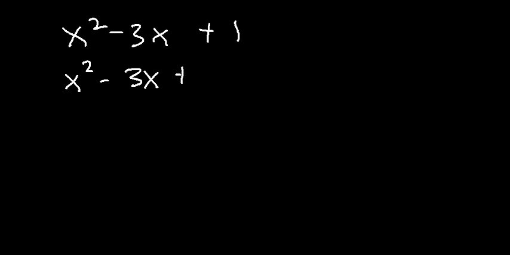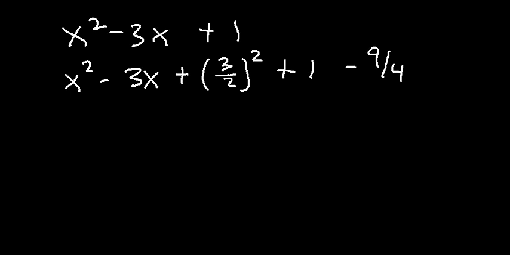Alright, let's try this example. X squared minus 3x plus 1. So we have x squared minus 3x. Half of 3 is 3 over 2. And we got to square it. So plus 1. Now 3 over 2 squared. 3 squared is 9. 2 squared is 4. Since we added 9 fourths, we have to take away 9 fourths.